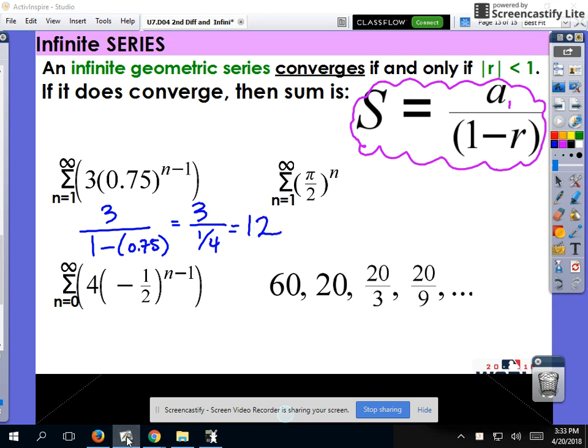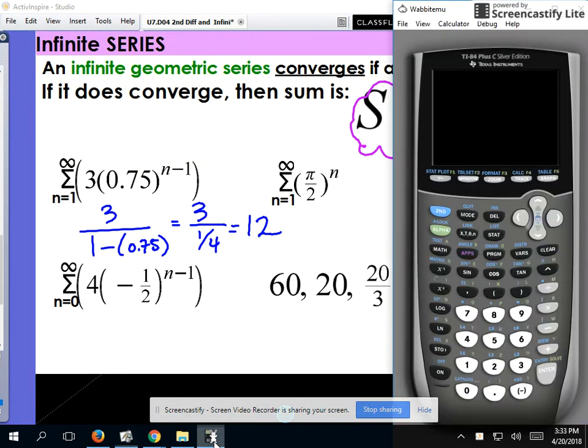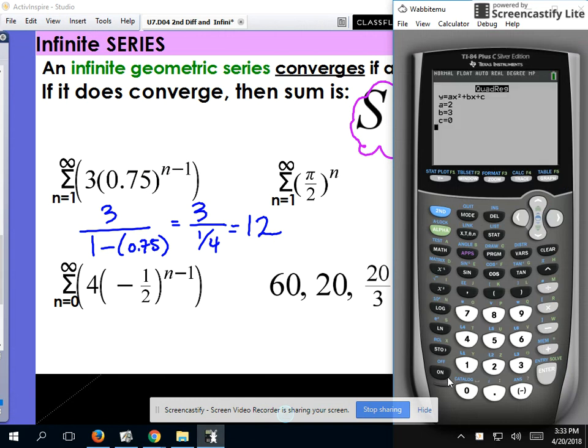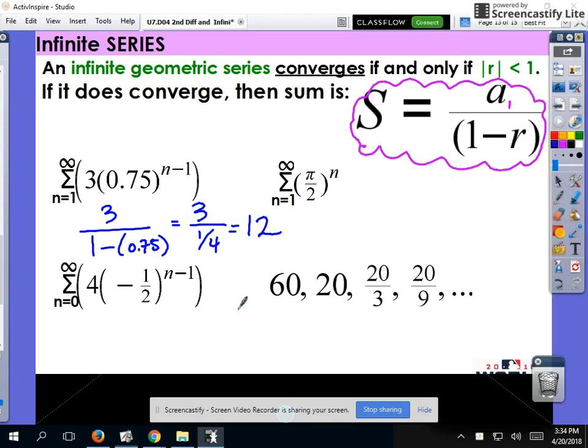Let me check on my calculator. So if we plug in 3, divided by 1 minus r, yeah, we get 12. That makes sense.